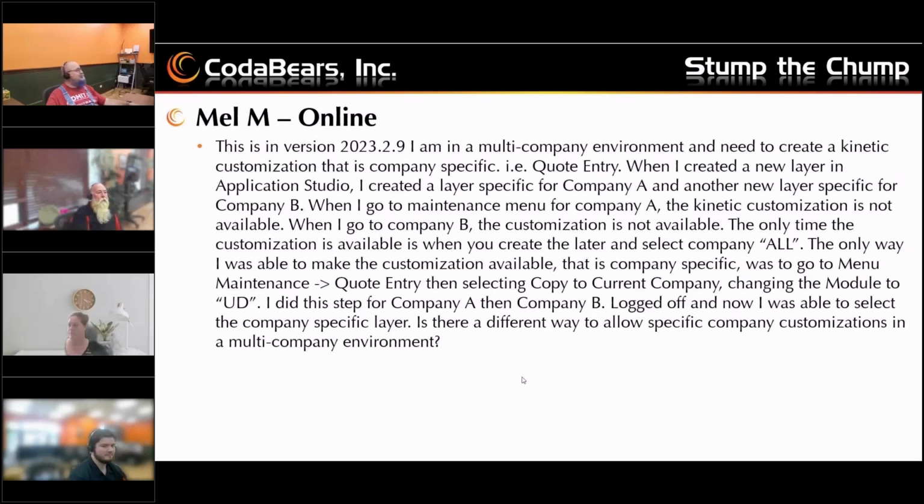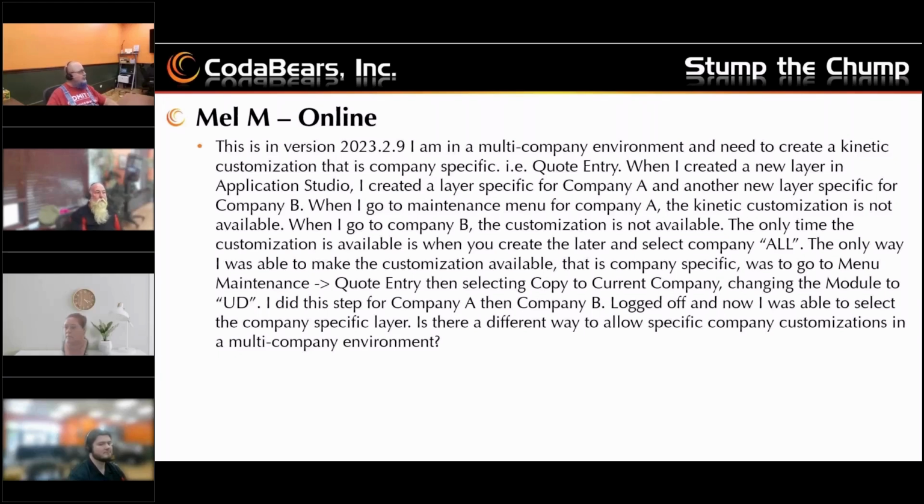And the way you do that in Kinetic, or one of the ways, is copy to current company, and then you can set your company specific item. By default, your menus are set global, and so you can't set a company specific customization on that global item. You have to copy it from the global to the current company, so that you've got a company specific menu. Then you can put the customization on that company specific menu.